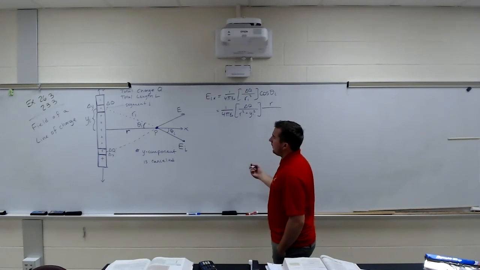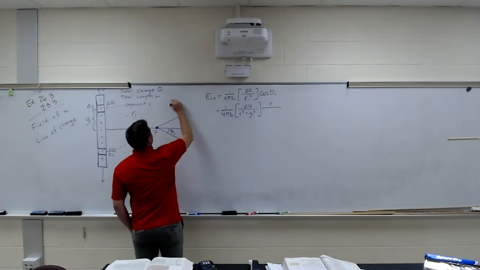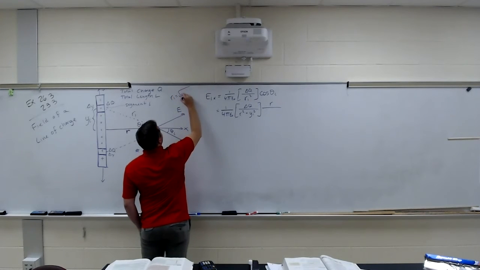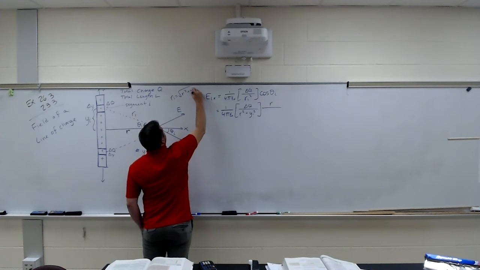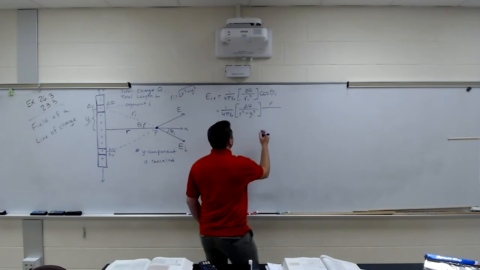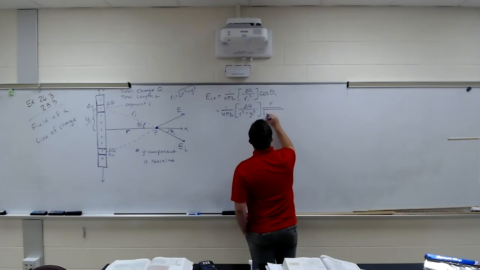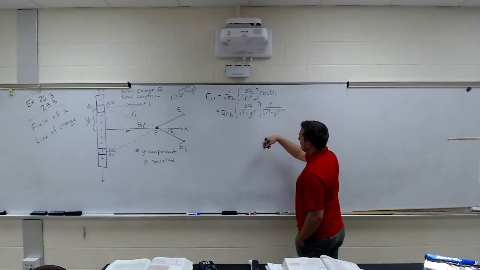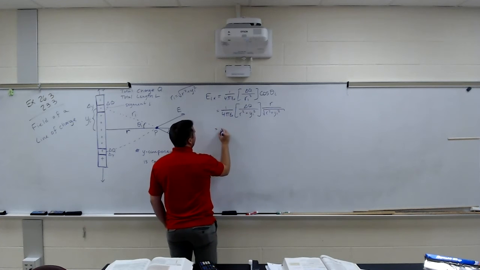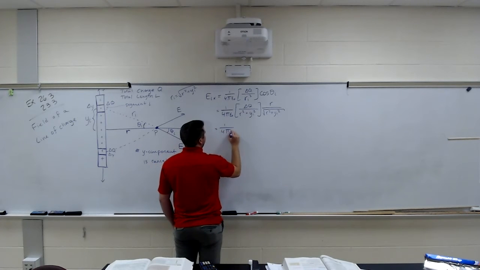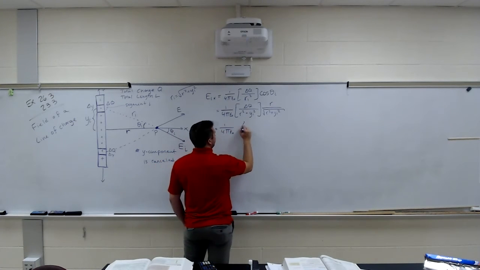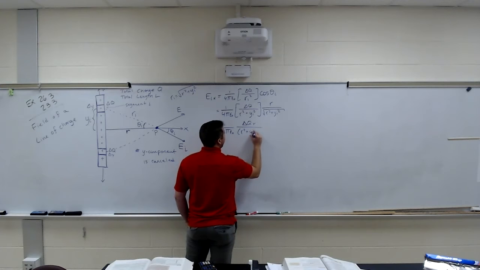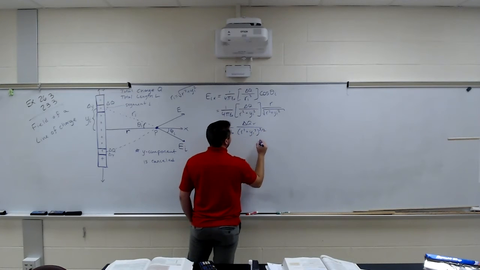Ri is the square root of, I guess I should write that somewhere. Ri is the square root of r squared plus yi squared. Right, so I'm going to put that in here: square root of r squared plus yi squared. We can multiply these and we'll get 1 over 4 pi epsilon delta Q times r, over r squared plus yi squared to the 3 halves power.